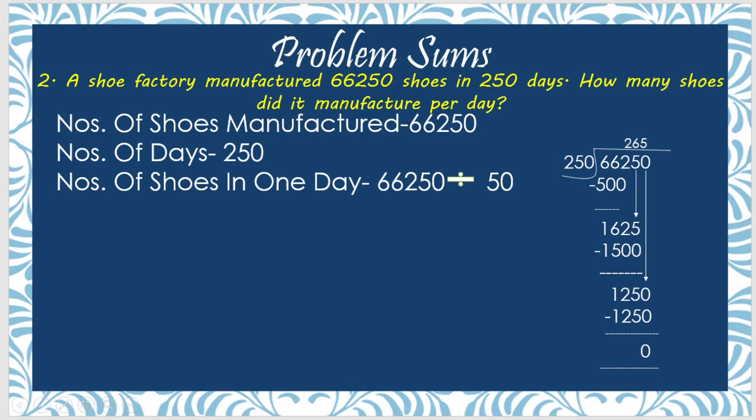The number of shoes in one day will be found by dividing like this, and on top you are getting this number, that is 265 is the answer, and this is the number of shoes.